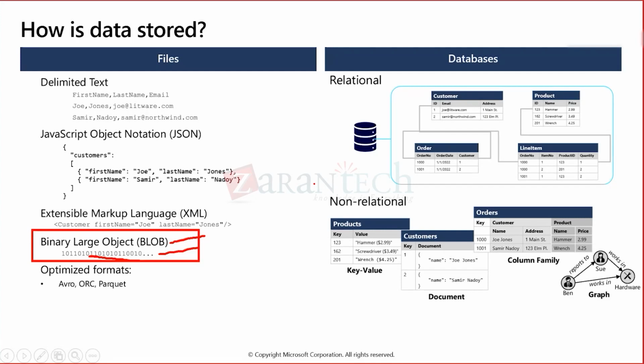So what are the common types of data which you can store here in binary? Images like JPG, PNG, BMP, any images, video files, audio files, application specific documents. All that you can store as an object, a binary large object. Data engineers working in a data lake often refer to these data files as blobs.